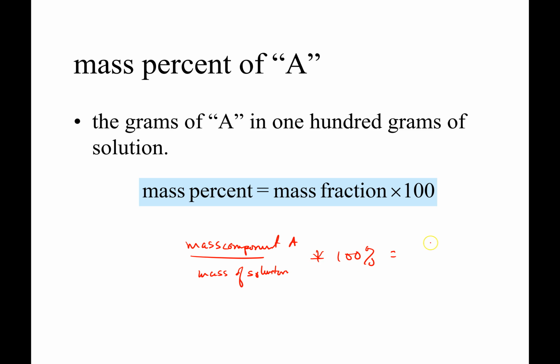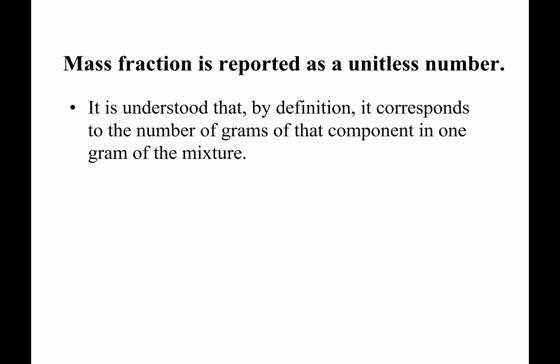That will give you percent of A. Both mass fraction and mass percent are unitless because you're taking the relative amount of the component divided by the relative amount of the mixture. So your units cancel. So it's unitless.